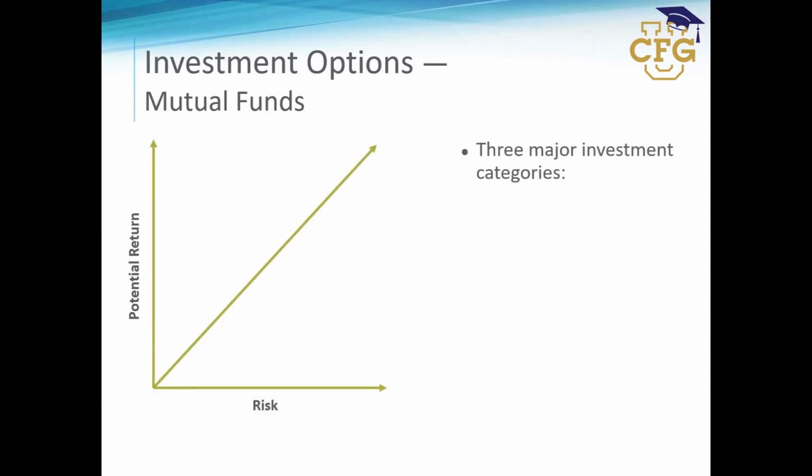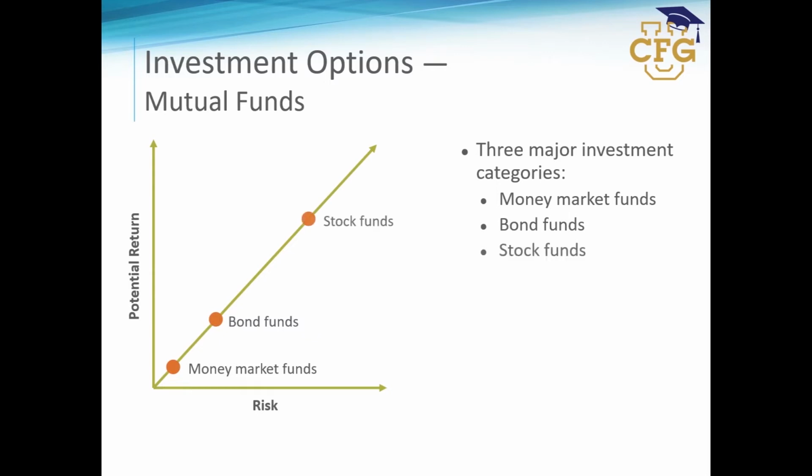So we've discussed the three major investment categories: cash alternatives, bonds, and stocks. And many mutual funds limit themselves to just one of these categories. Commonly named and classified according to their investment style or objective, funds that invest solely in cash alternatives are generally called money market mutual funds. Funds that invest solely in bonds are called bond funds, and not surprisingly, funds that invest in stocks are called stock funds.